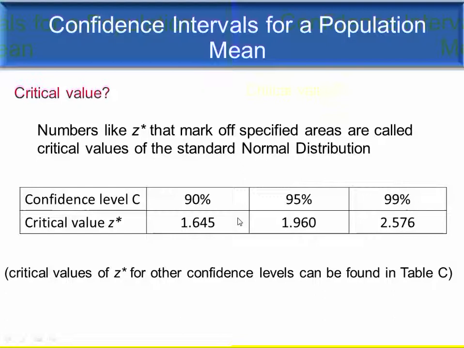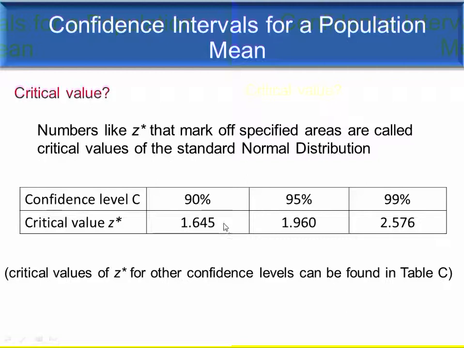And then they also give us the z value for the 90% confidence interval and the 99% confidence interval. These critical values represent how many standard deviations away from the mean our confidence interval is going to be to achieve this confidence level.